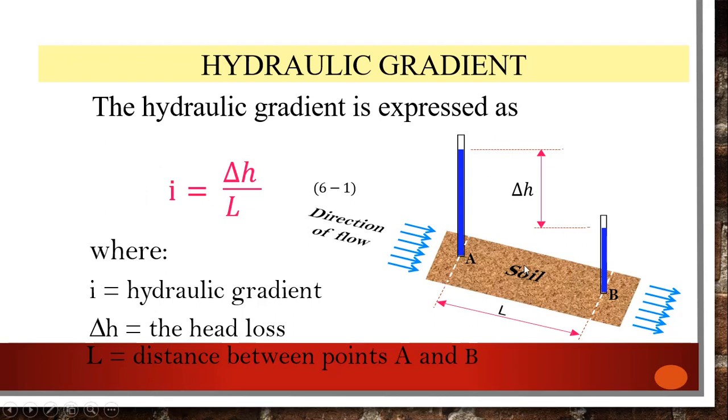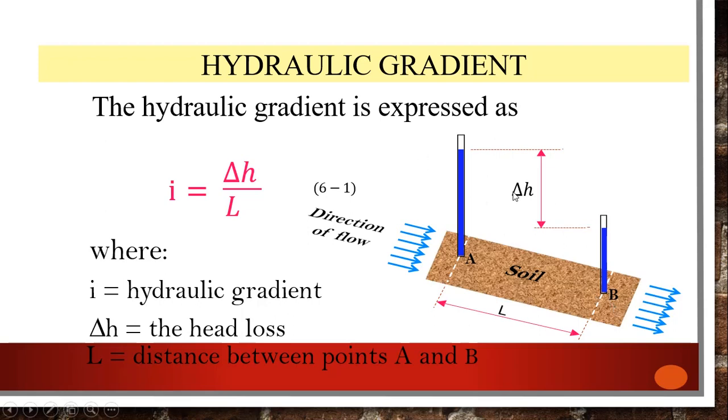So as you can see in this picture, this is a soil specimen and this is the direction of flow. Water is flowing from one side to the other side, and these are the piezometers which are inserted to calculate the pressure head. At point A there is one piezometer which shows the pressure head, and at point B there is a second piezometer.